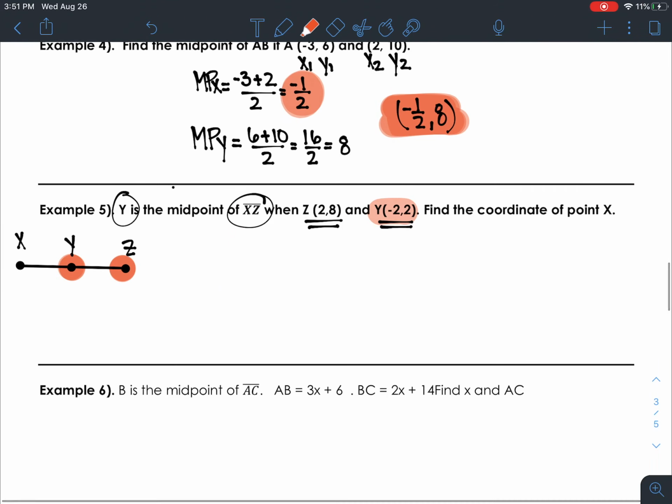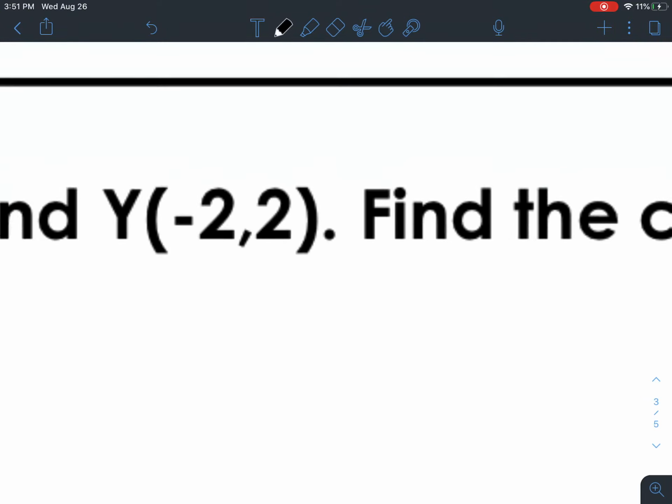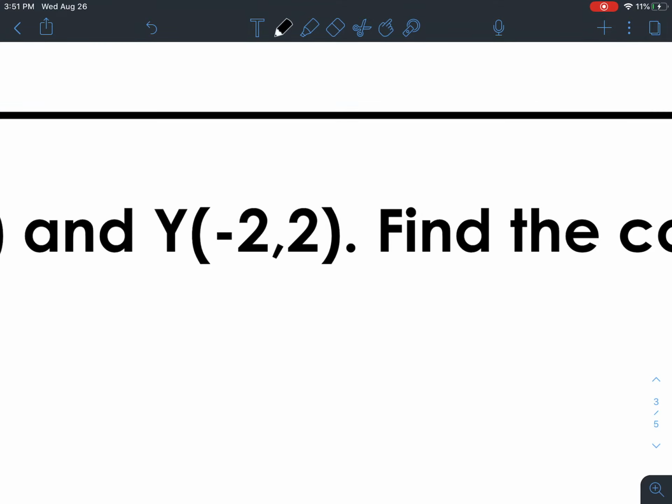So we can't just plug those coordinates into our formula, because we have to solve for an endpoint now. So follow along here. I want you to label what we have. Remember that MPX stands for my midpoint x coordinate, which is this negative 2, because Y is my midpoint.